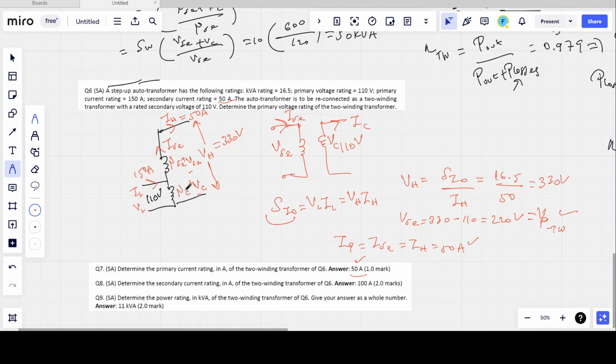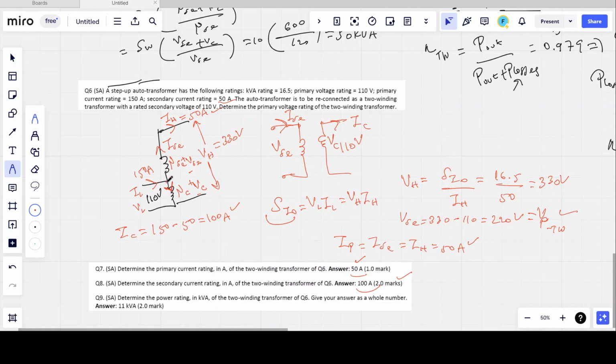So the common winding will have a downward direction, in order to get an output or the secondary current as 50. So this needs to be downward, and then IC will become 150 minus 50, which will give me 100 amps. Okay, that's the value we have here.